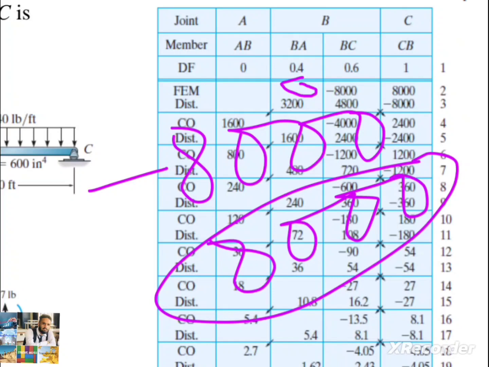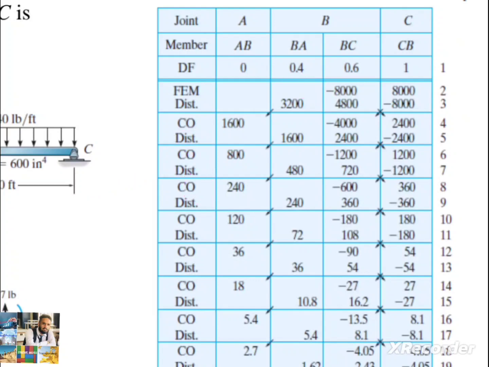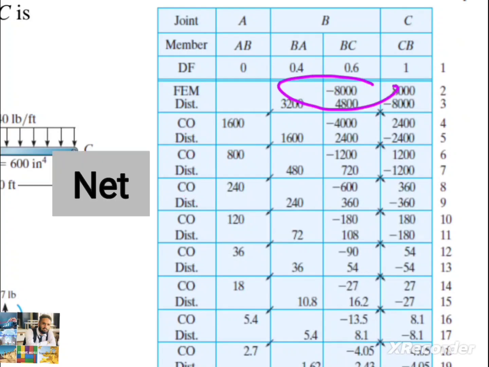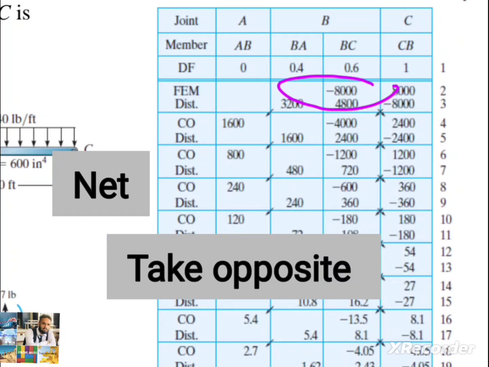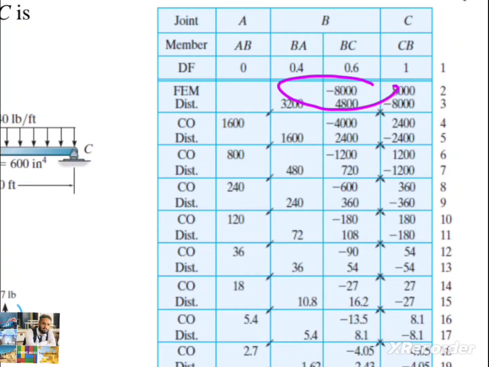This is the step for the distribution moment, how we distribute the moment by multiplying by the distribution factor. The first step at a joint is to take the net moment, which is minus 8000, and take the opposite value, which is plus 8000.